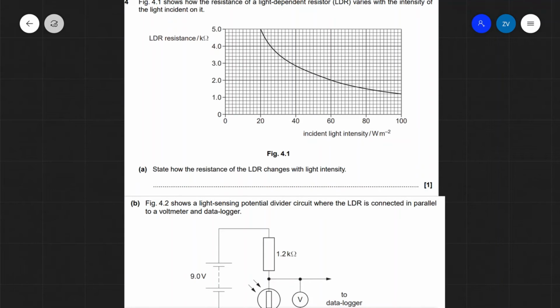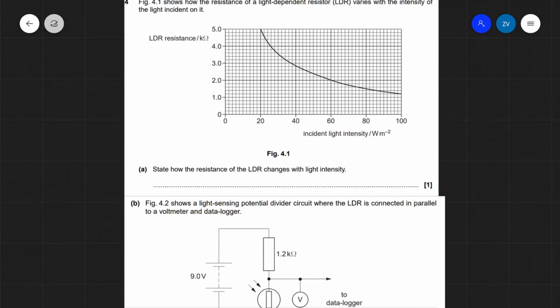Okay guys, next we'll be looking at question 4 from June 2010. So we have this graph of how the resistance of a light dependent resistor LDR varies with the intensity of light incident on it. State how the resistance of the LDR changes with light intensity.